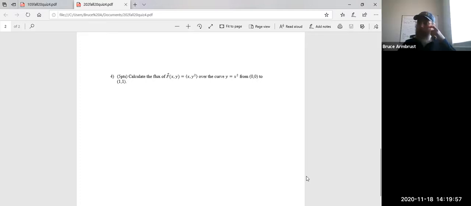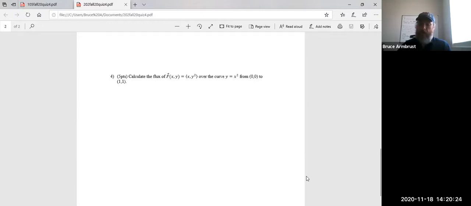All right, so first things first, we need to parameterize. Again, if you haven't caught that yet, that's pretty much how every line integral is done, right? You have to parameterize your curve, and then you can go from there.